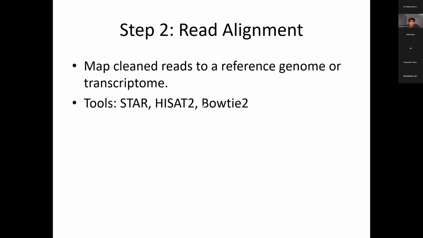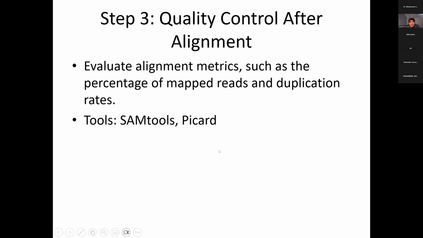For alignment, the tools we have are STAR, HISAT2, and Bowtie2. These are the alignment tools. After alignment, we do quality check: what percentage of reads has aligned, and what is the alignment score?